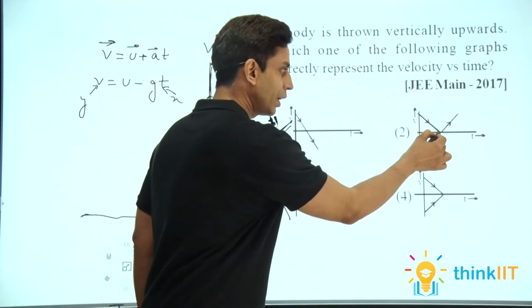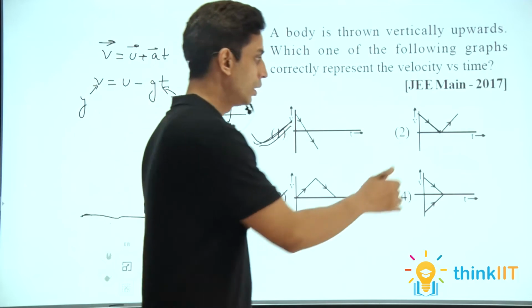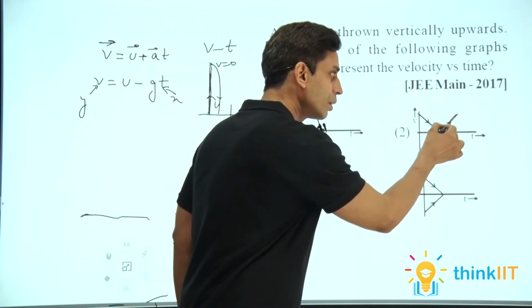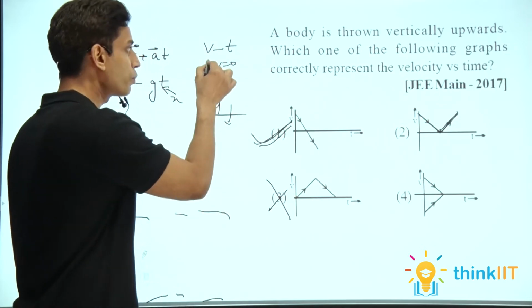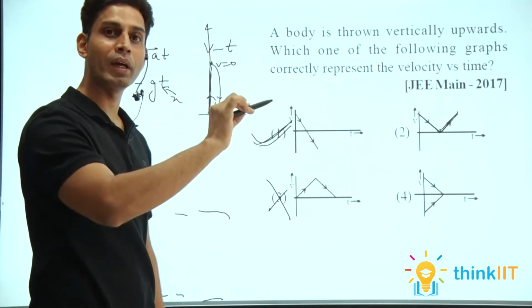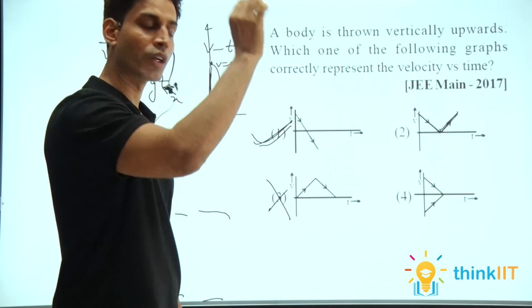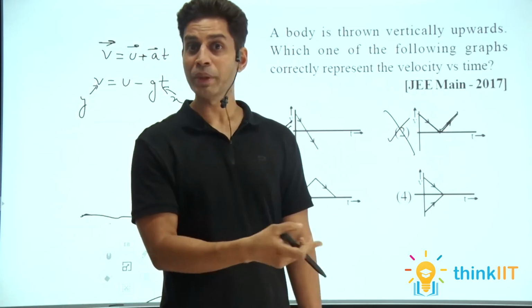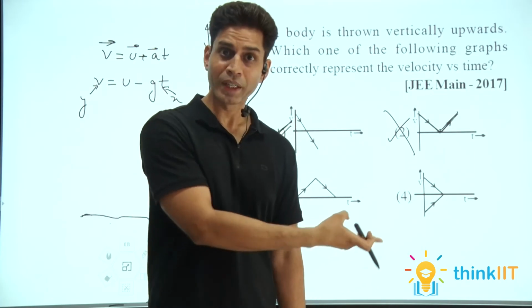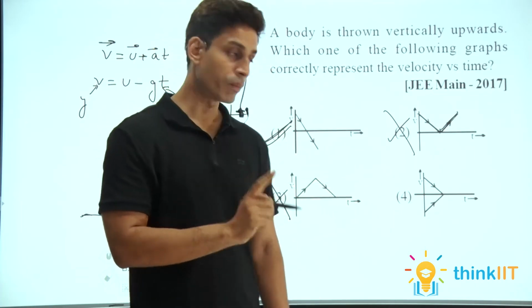At the highest point, velocity is 0. Then velocity still remains positive. This graph is showing that after this point, velocity is further going in the upward direction with increasing velocity. This cannot be the answer because velocity is not going to be negative. I am talking about option number 2.